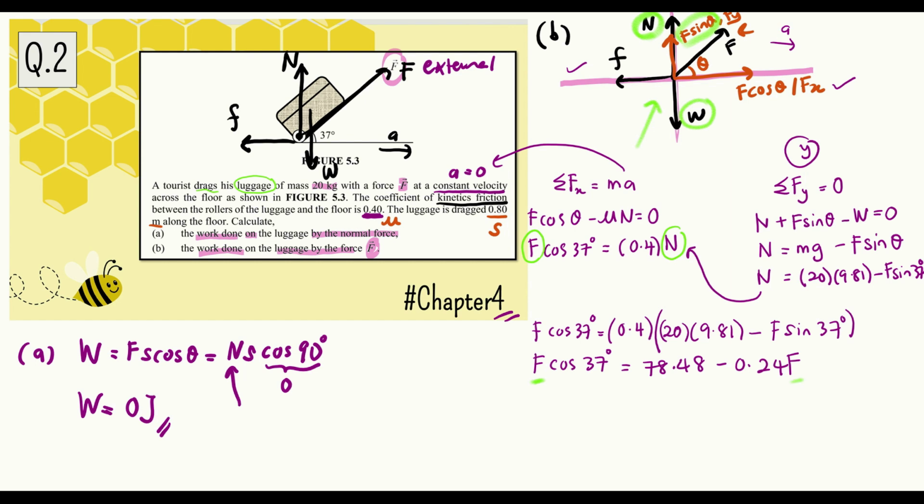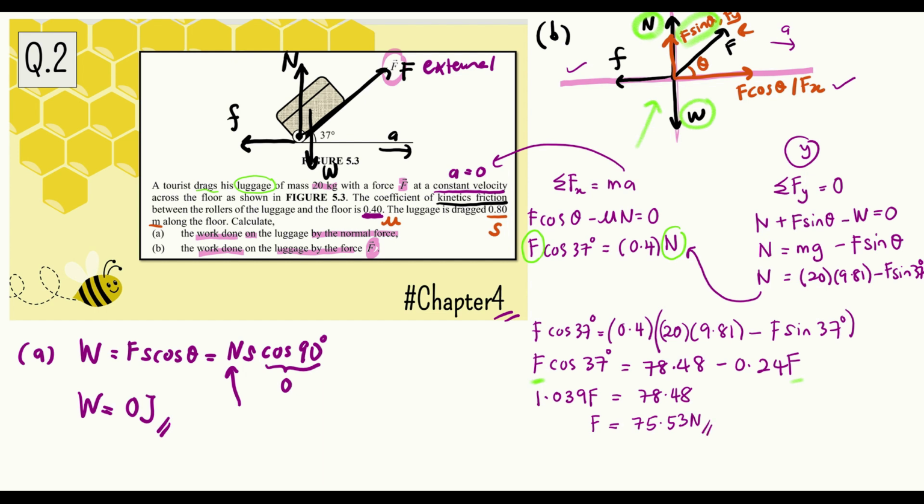Then on the left we have 1.039 F is equal to 78.48. From here we get F is equal to 75.53 Newton.